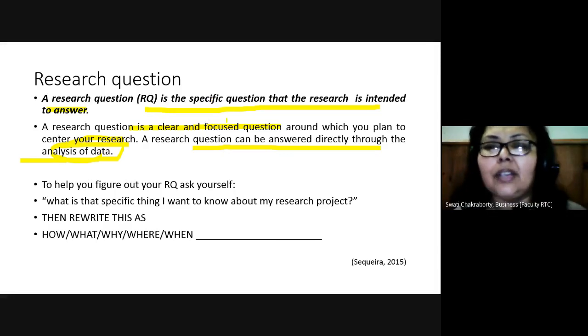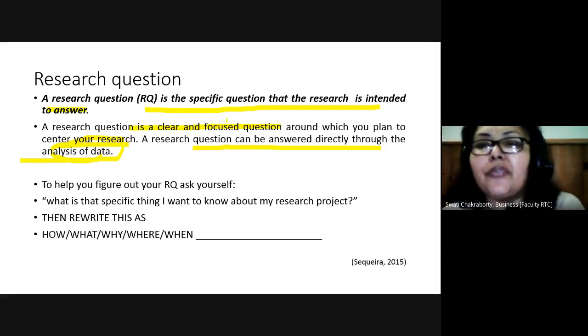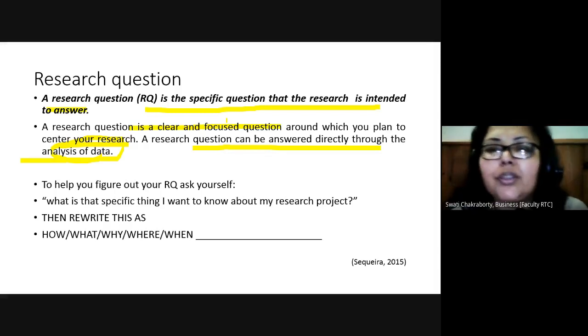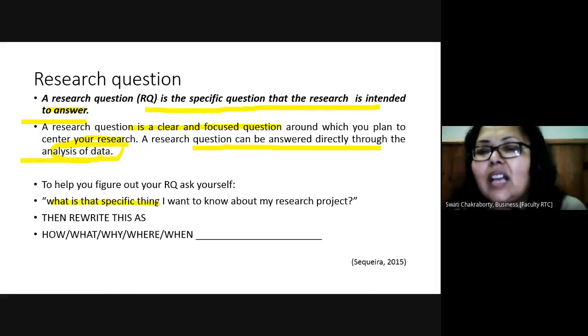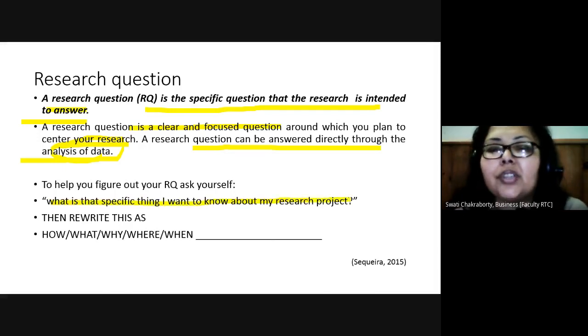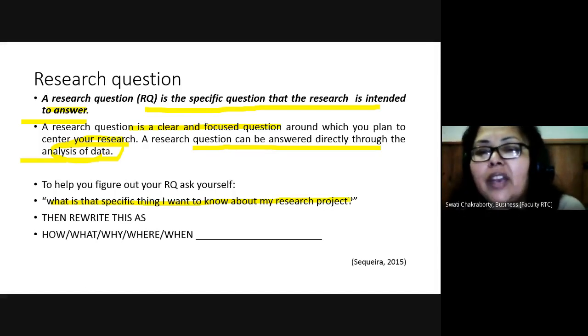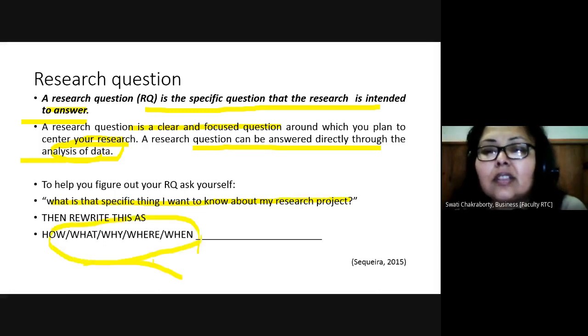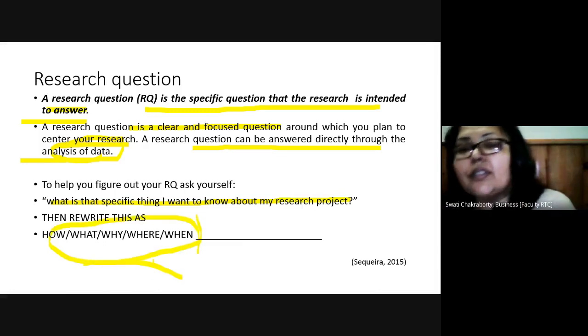To help you figure out your research question, you have to ask yourself: what is that specific thing I want to know about my research project? So it's like how, what, why, where, when. This is how you can write your research question.